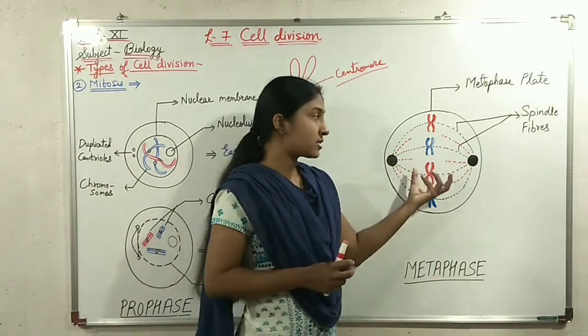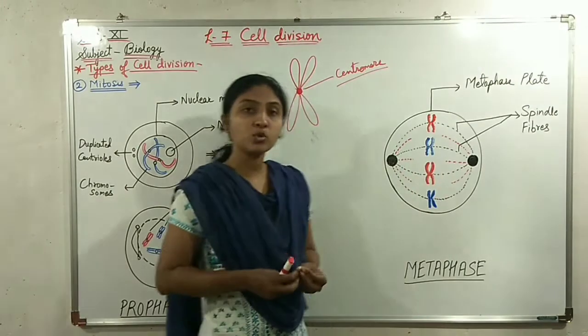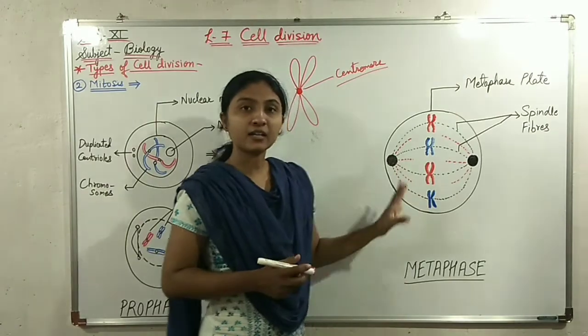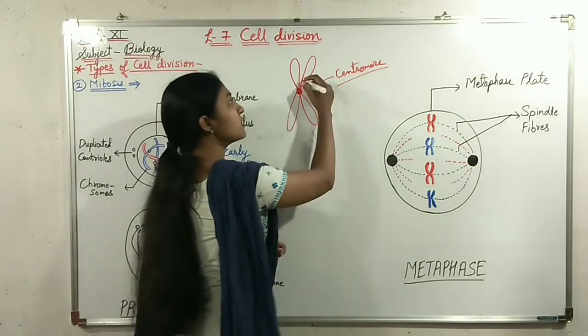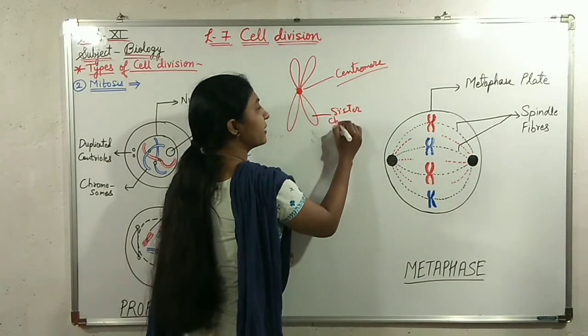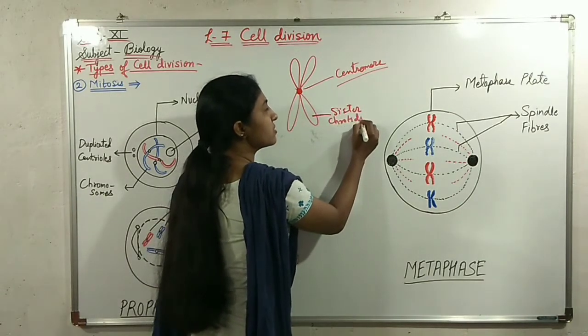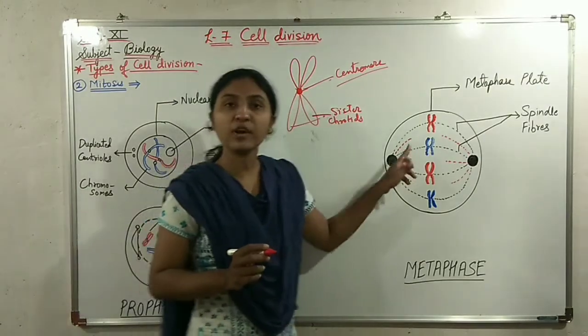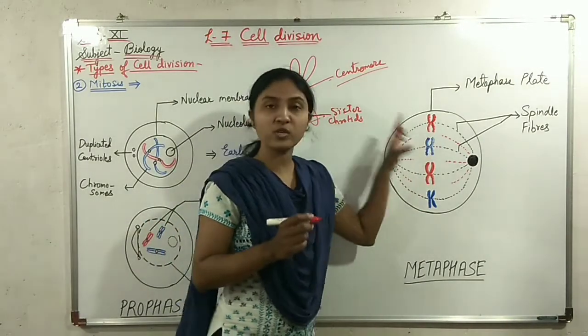Now as you can see here, the chromosomes are completely condensed, and as they are condensed, the sister chromatids and the centromere become very prominent. It means they are visible.